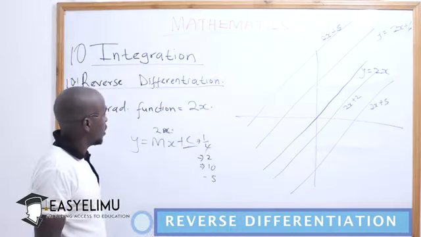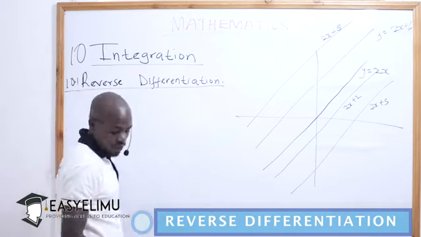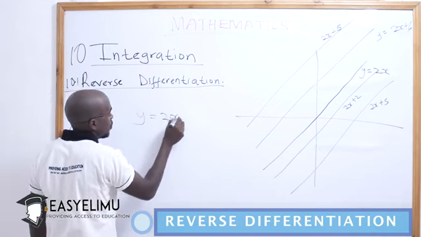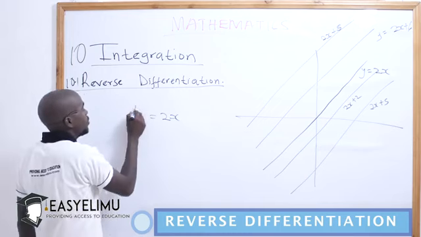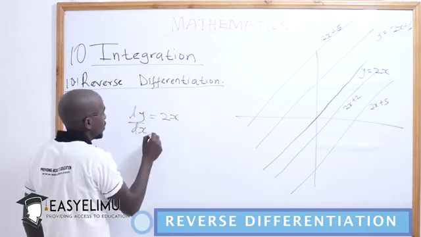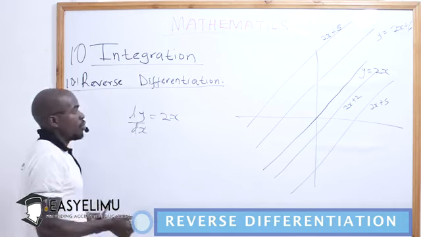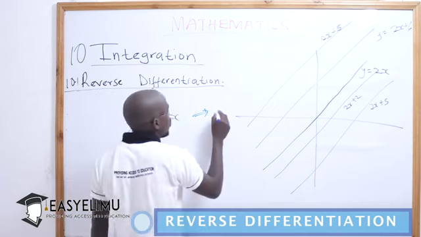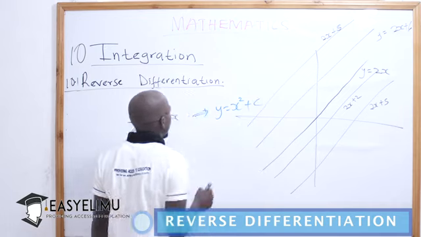So from chapter 8, we said that if you have the gradient function dy over dx giving us 2x, we found out that the equation of this line is y equals x squared plus c.